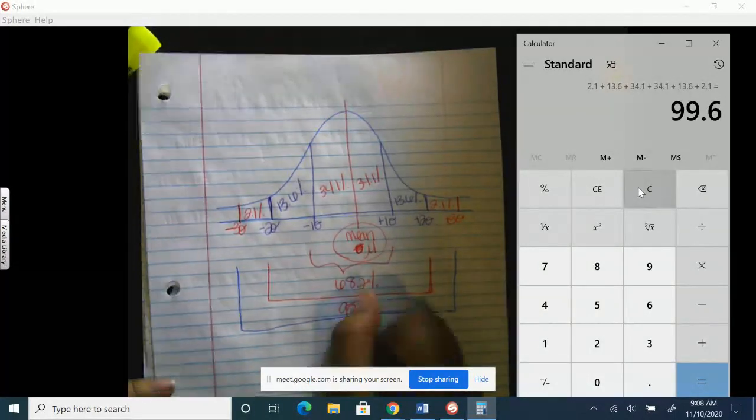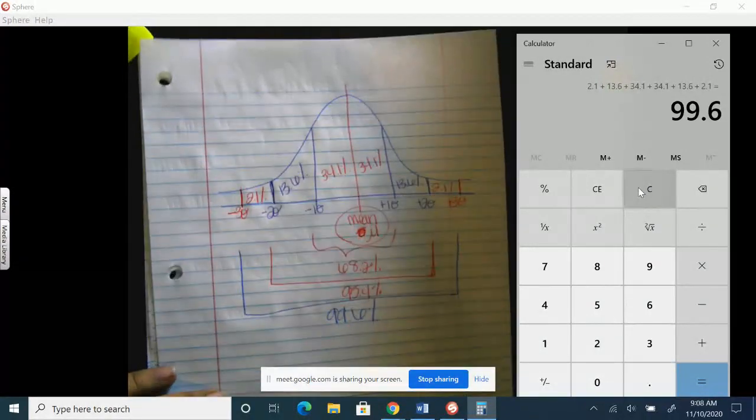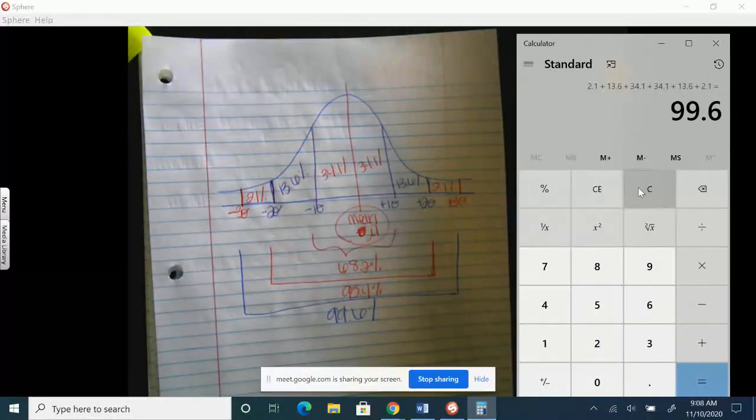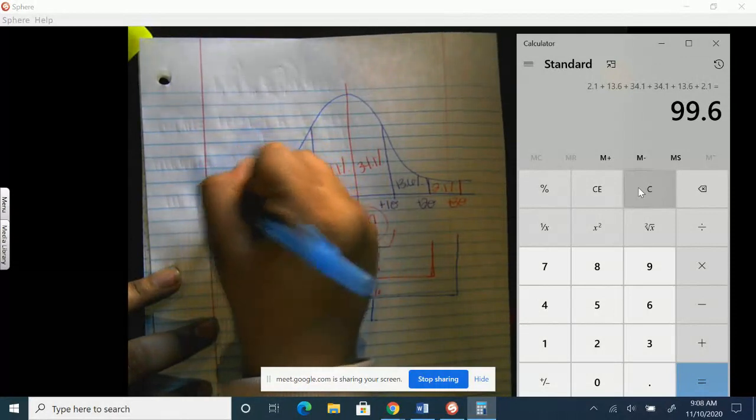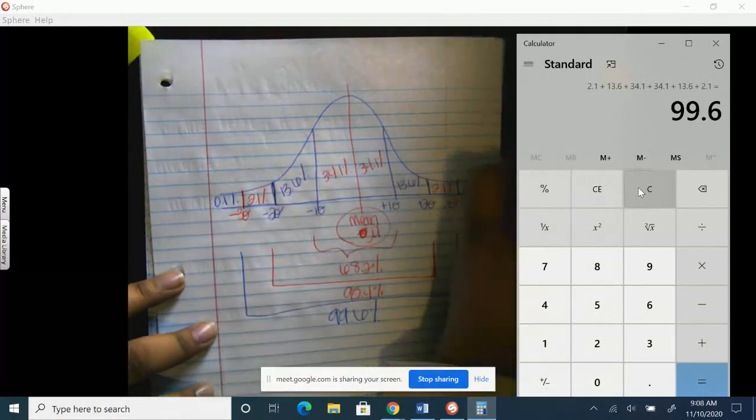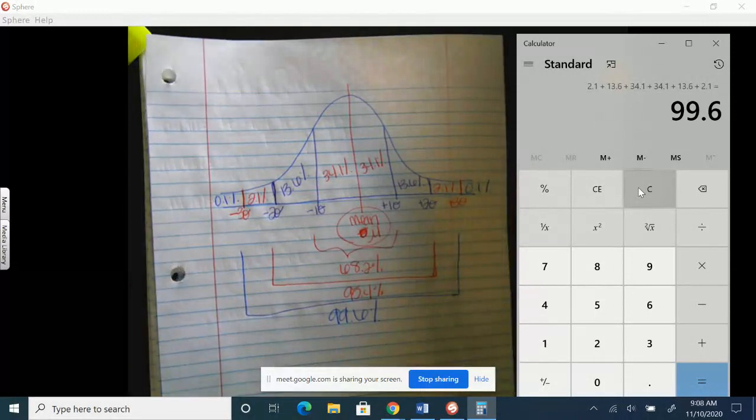So that's pretty much about everybody. So now, what about beyond 3 standard deviations? Beyond 3 standard deviations, it's very rare, but we like to say that this is 0.1% and 0.1% because it's possible to do that.